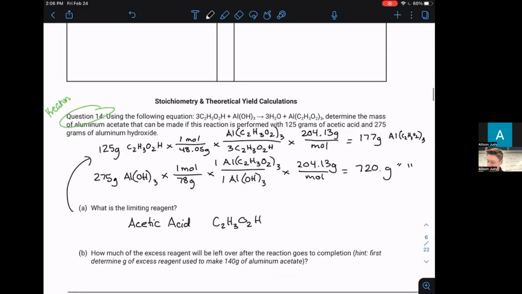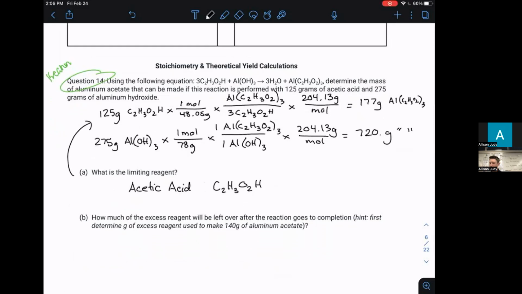And then it asks, how much of the excess reagent will be left over after the reaction goes to completion? So our actual yield is 177 grams of aluminum acetate. We're going to work backwards again.